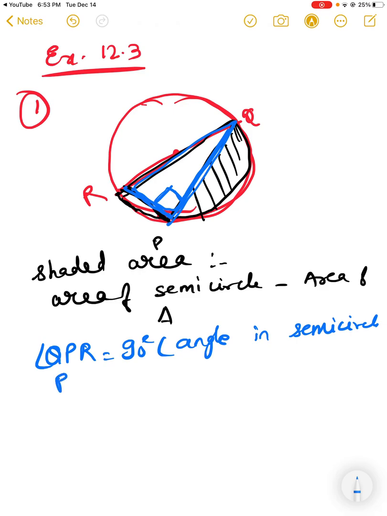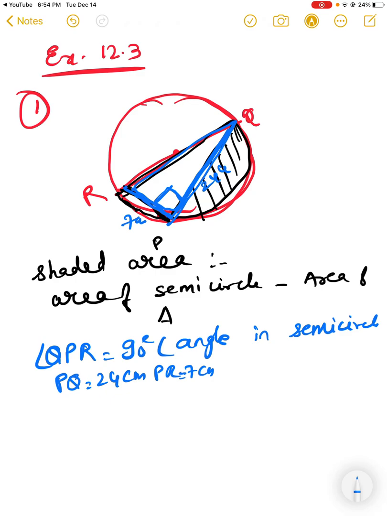Okay, in this already what is given? Given is PQ is 24 centimeters and PR is 7 centimeters.